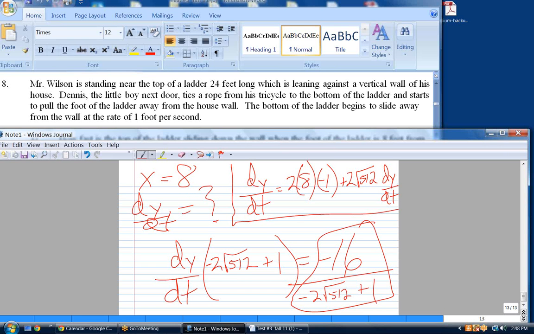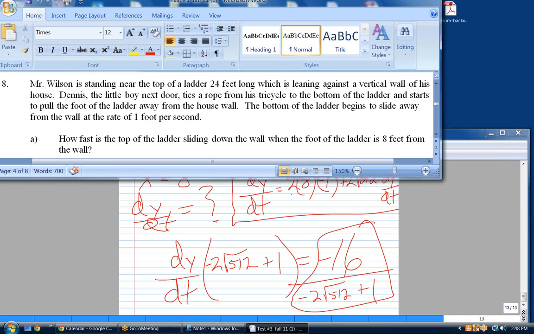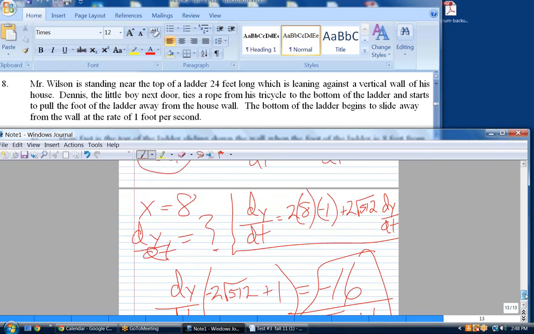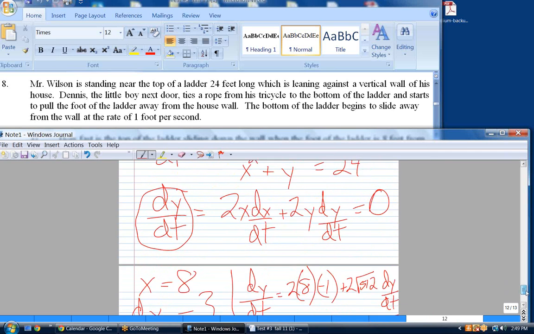Don't the two negatives cancel and it's positive? It shouldn't be. It should be negative, because it's slipping down. Would it change much if I use plus 1 instead of minus 1?